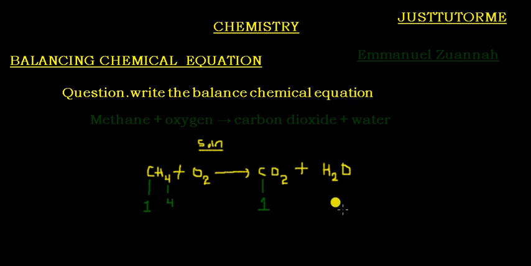And then look at the product. You observe there are 2 hydrogens in the product. And let's look at the oxygen. We observe there are 2 oxygens in the reactant, and in the product there are 2 oxygens plus the 1 oxygen, so there are 3 oxygens in the product.